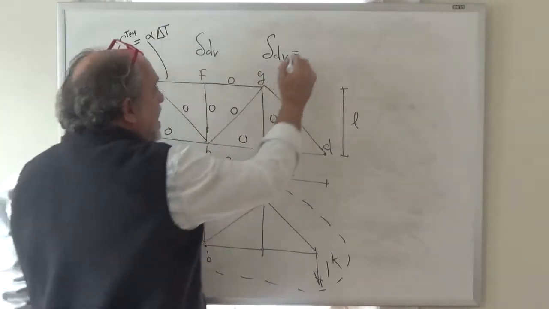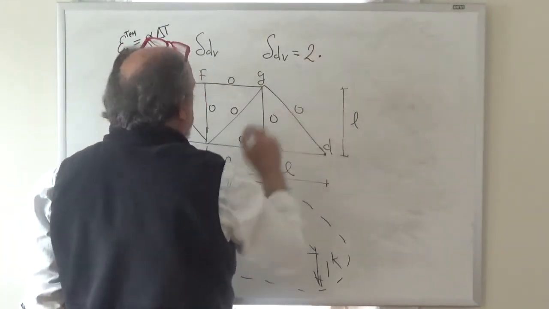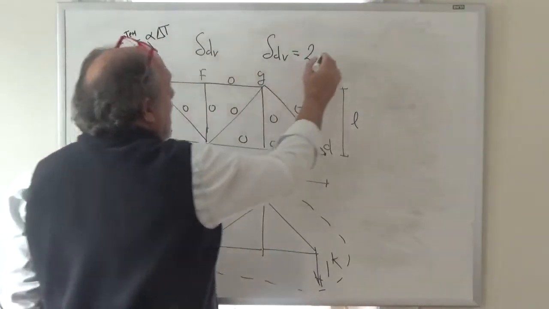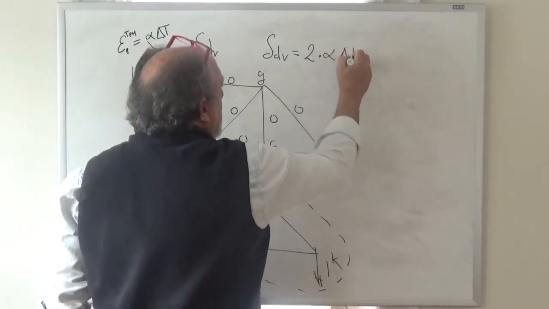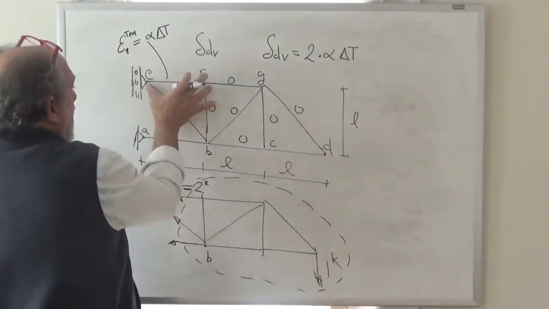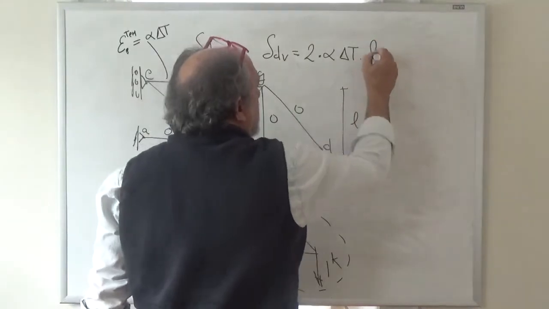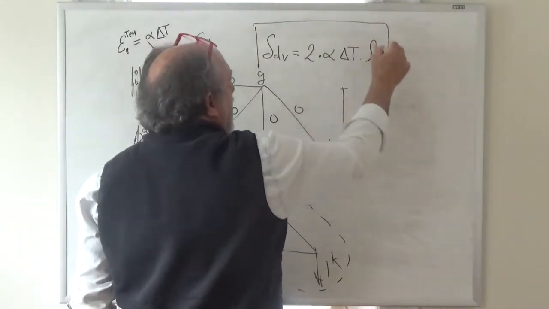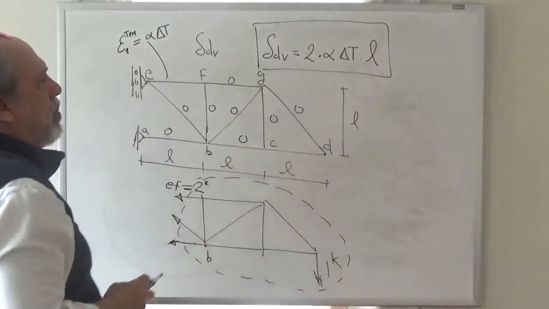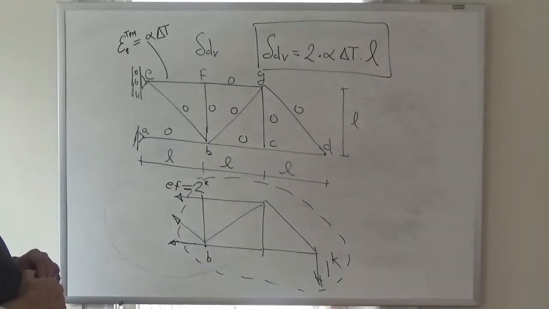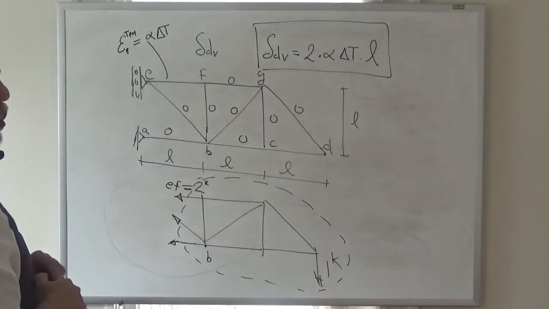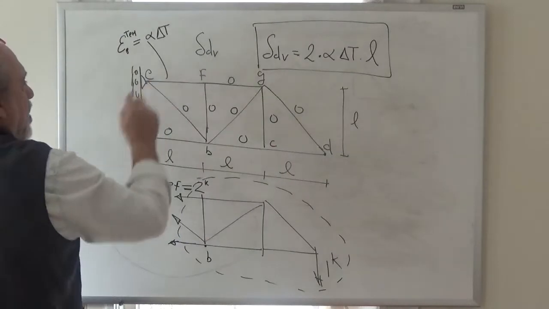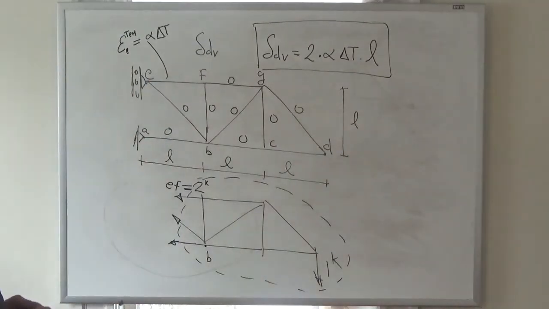So we only have this N1, 2, times alpha delta T times the length of this bar, which is L, and that is the answer to the problem of the deformation at D in the vertical direction due to a heating of bar EF of delta T.